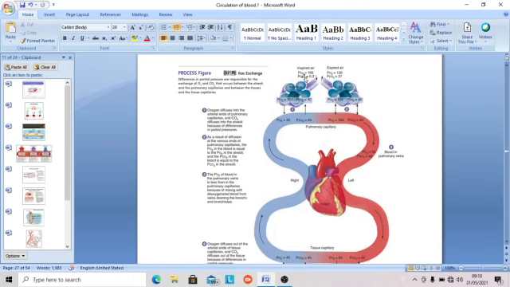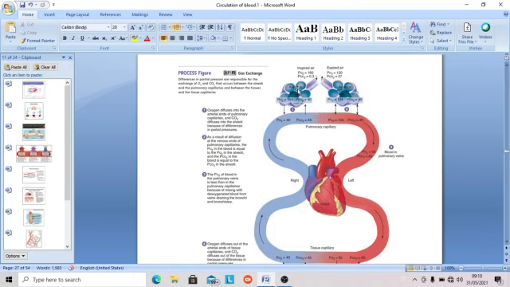So we are expelling PCO2 of 27. So we are expelling a lot of oxygen out into the environment, and PO2 becomes 120 from 160 in the fresh air. So we have taken oxygen into the body and expelled CO2 out.